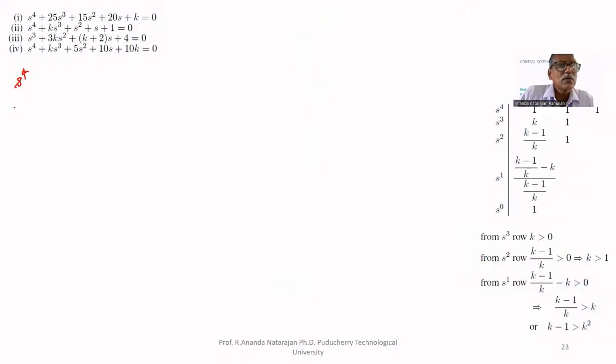Let us see more sums on range of k using the Routh-Hurwitz criterion. Rows: s power 4, s cube, s square. The first two rows are 1, k, 1 and 1, 1. What is the s square row? (k minus 1) divided by k, and (k minus 1) divided by k.